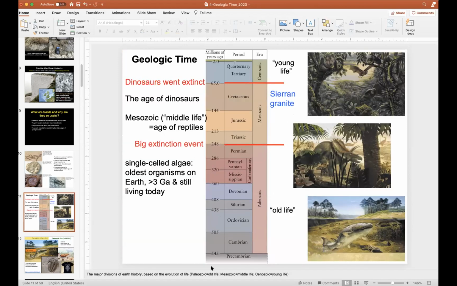So here's a section of the geologic time scale. This goes from Precambrian, so this is before the hard parts were established, when life was just starting on Earth in the late Precambrian. The hard-shelled animals appeared at this 545 million years ago line and in the Cambrian.